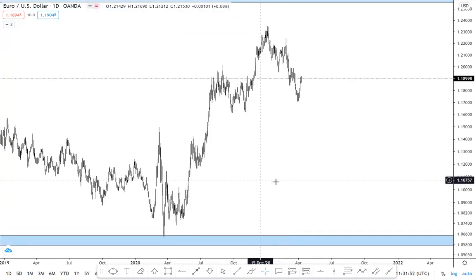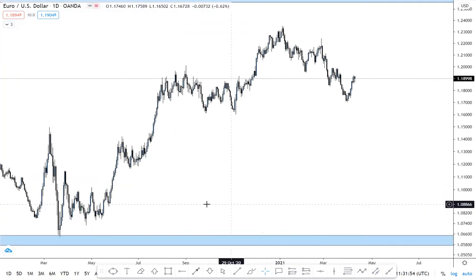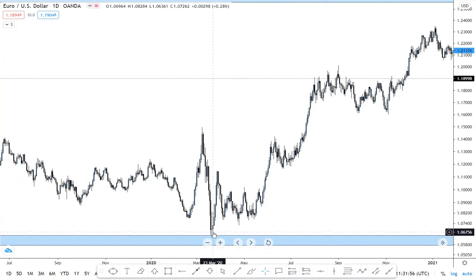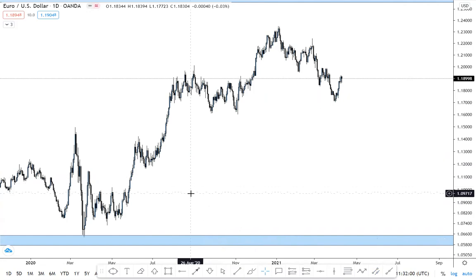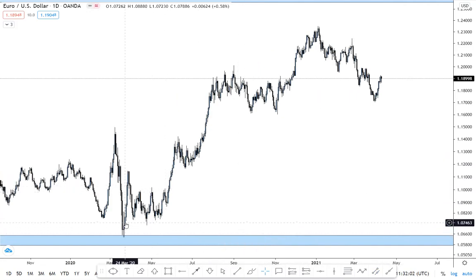Okay, so we can identify this bullish run which started somewhere much lower, just as we saw on the Dixie, and price is making a low, higher high, higher low, higher high, higher low, higher high.